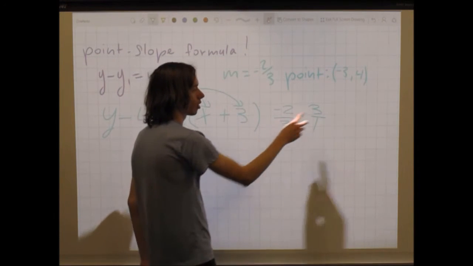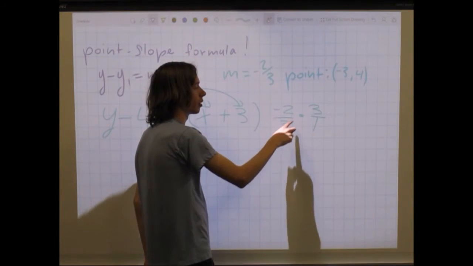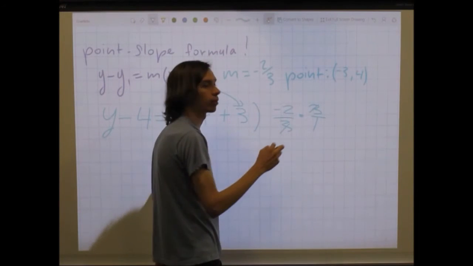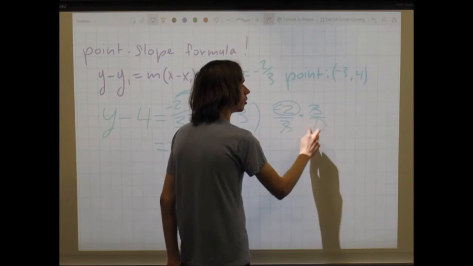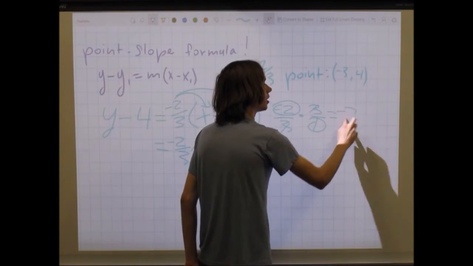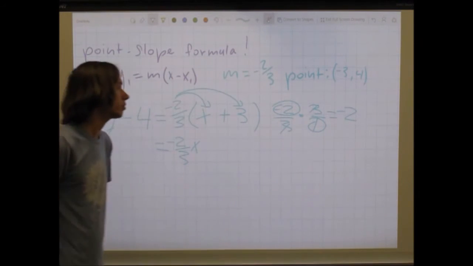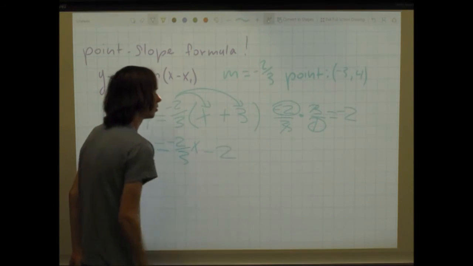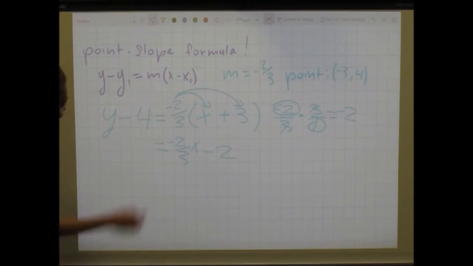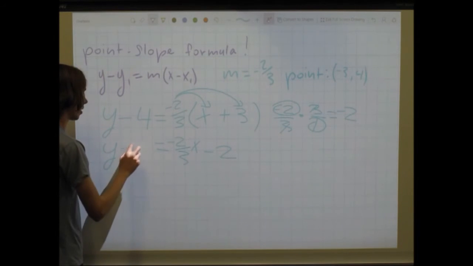There's actually a little trick here: since you have a 3 on the top and a 3 on the bottom, they cancel, because 3 over 3 is 1. You're just going to have negative 2 over 1, so just negative 2. So this is going to be minus 2. And on this side, we still have y minus 4.